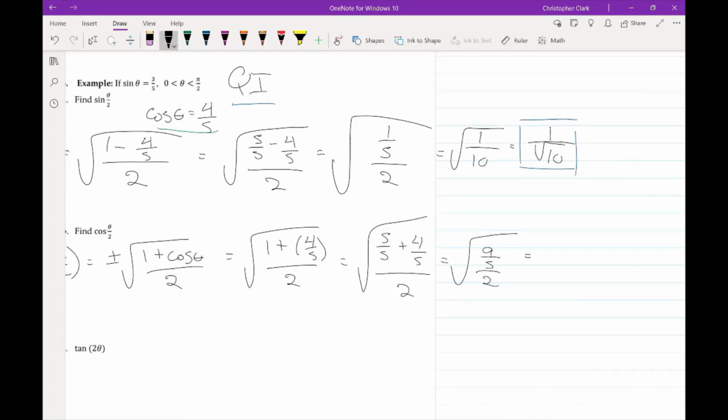So this should be the square root of 9 over 10, which is equal to 3 over root 10.